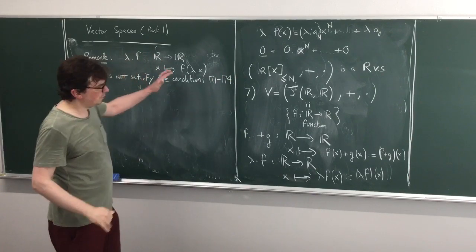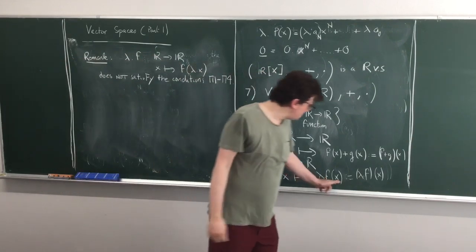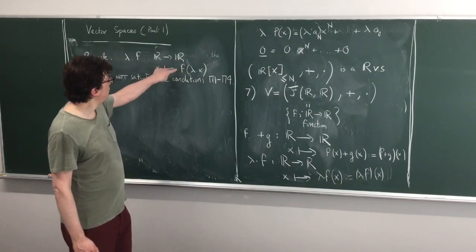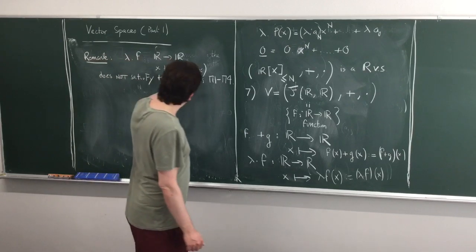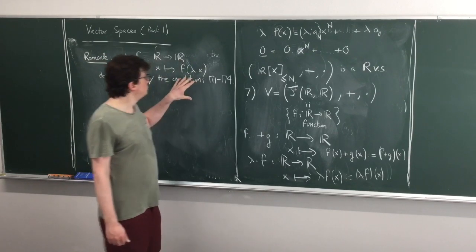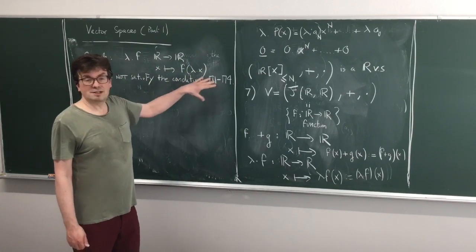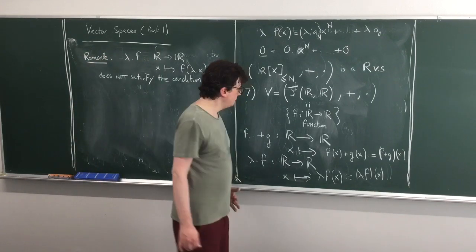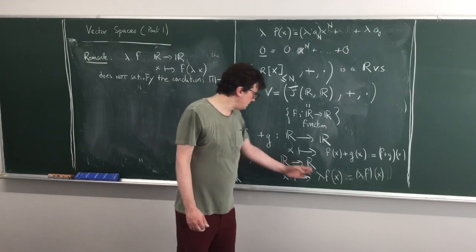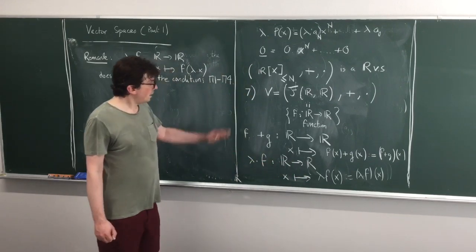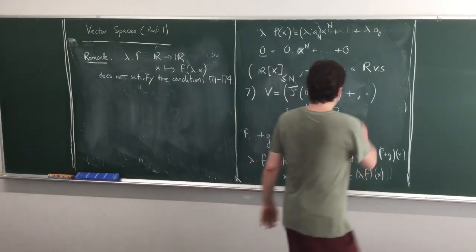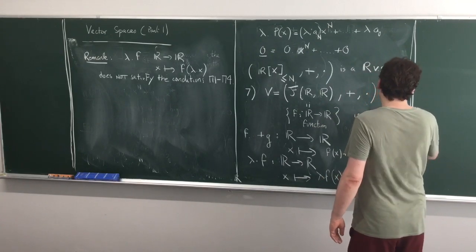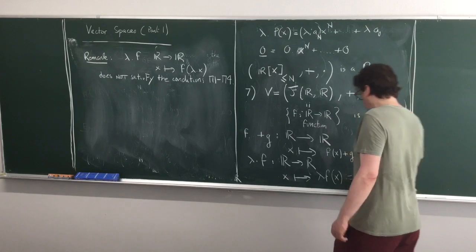Therefore, why do we take this definition rather than f of lambda x, instead of lambda f of x? It's because this other possibility actually does not satisfy the conditions. So if you want a vector space, you must set this. Now this, with these two operations, is a vector space.